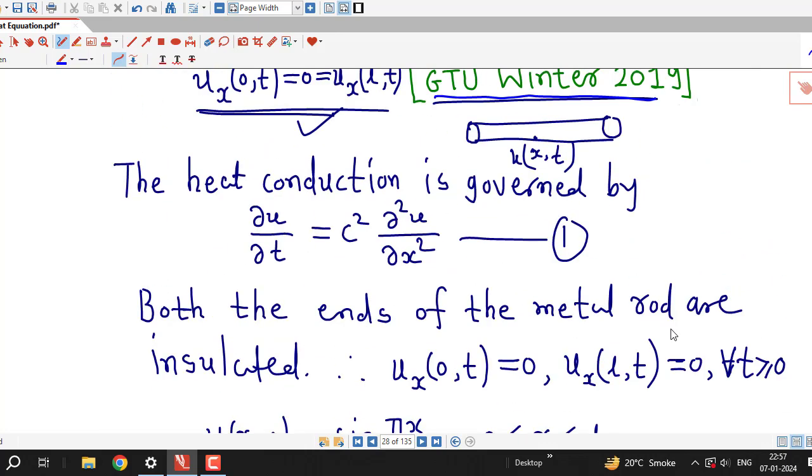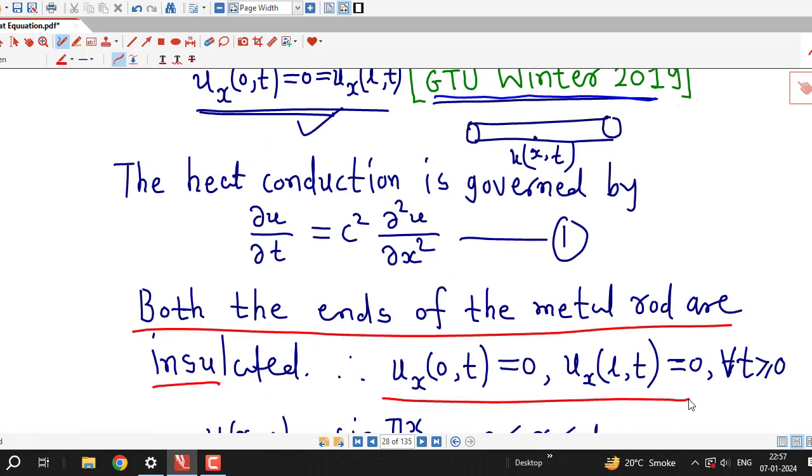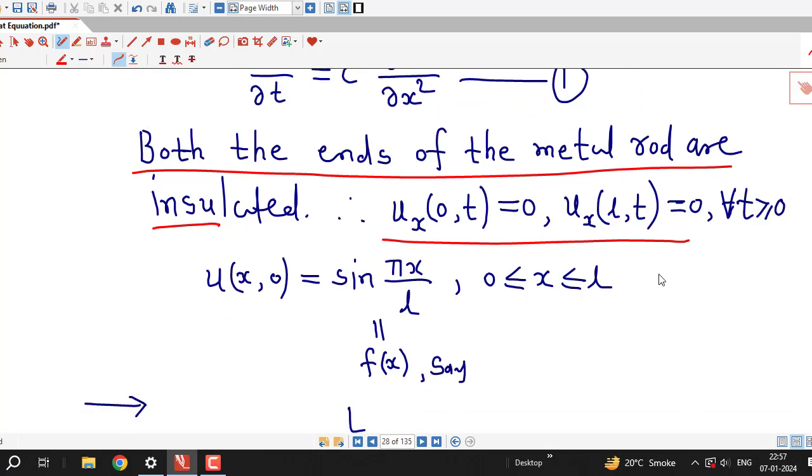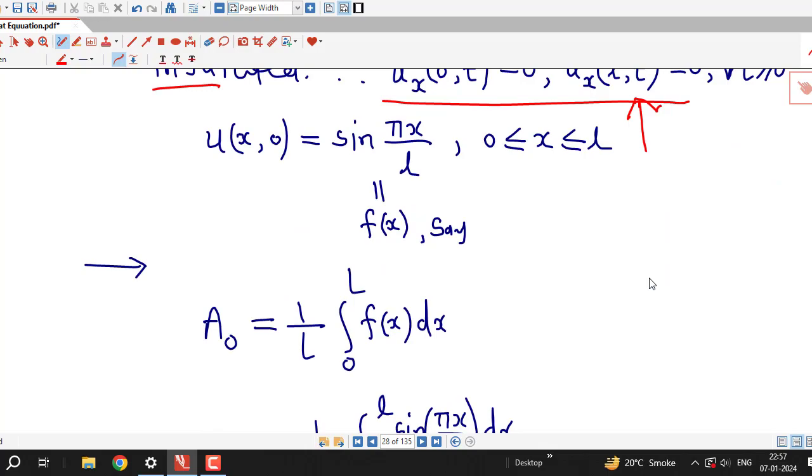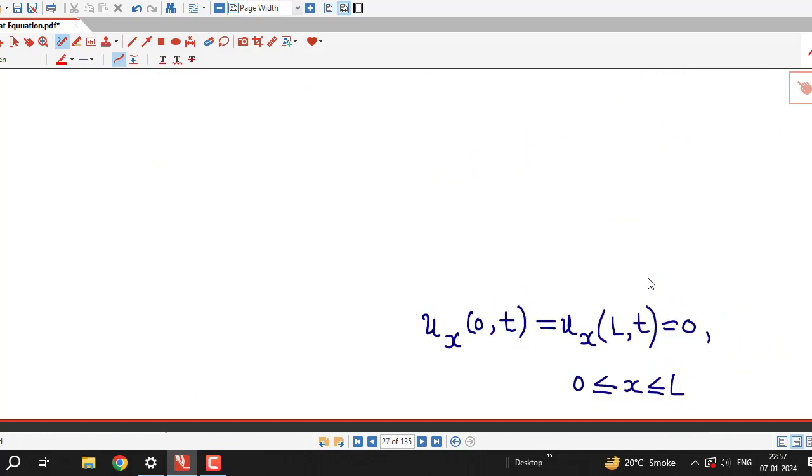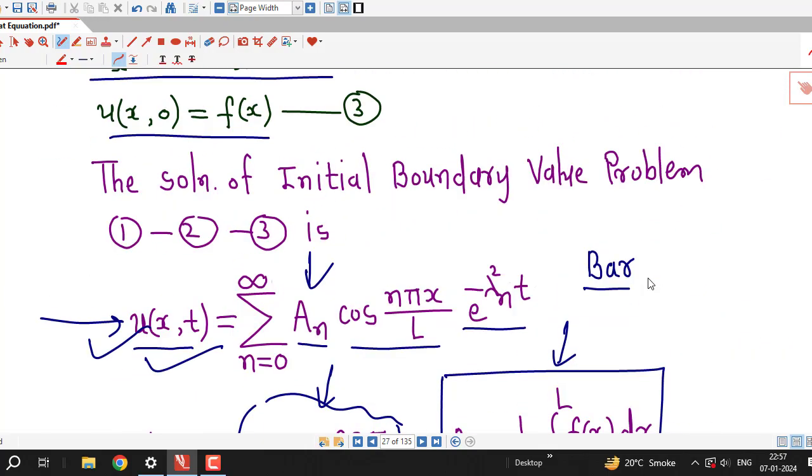All I have to remember is that if it is specified that we have a metal rod with insulated ends, then we have these boundary conditions, and if we have this type of boundary conditions, then the formula contains cosine terms. Here we have this difference, cos n pi x over l.